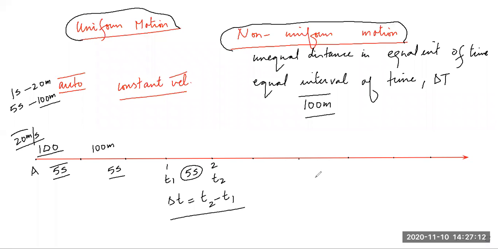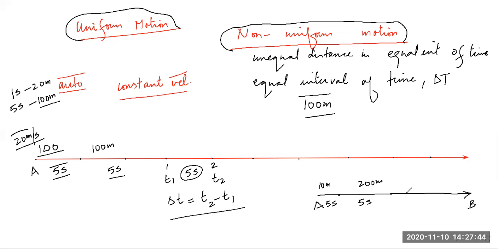Okay, so in your book also they have given an example. You can see in your book also. So let's say this is the travel of a point from point A to B. Let's say in 5 seconds the object travels 100 meters. In next 5 seconds, the object is traveling 200 meters. The time is again 5 seconds, but the distance traveled is 200 meters.